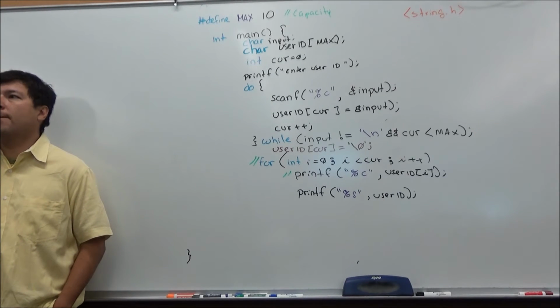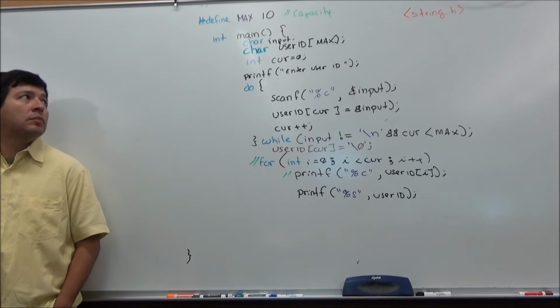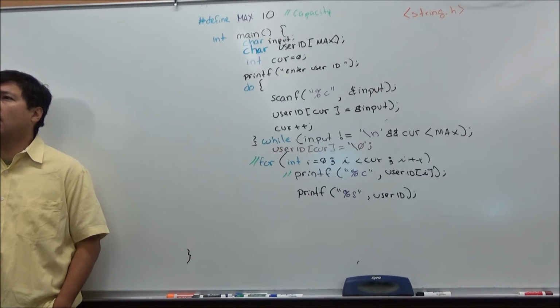Yes. For user ID current equals input, I'm getting an error saying that a value of type character cannot be assigned to an entity of type character. Character star is saying that you can't assign. User ID current is a character and input is a character address.